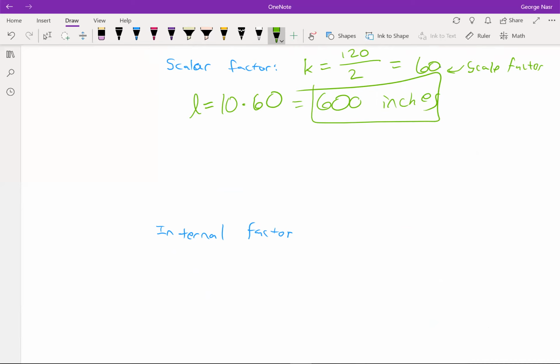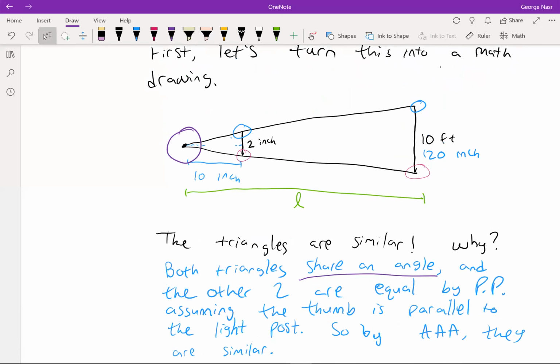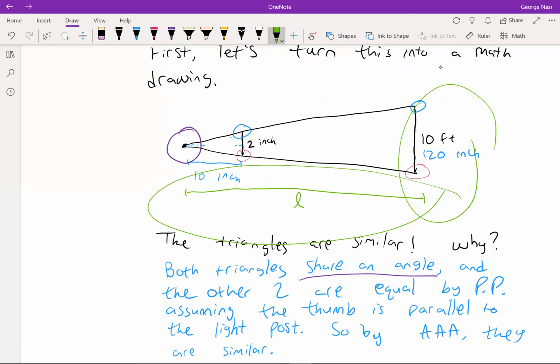But the point is that we're looking for the height of this longer triangle. So I need to know how this length compares to that length. If I need to say how L relates to this, I need to ask how 10 relates to 2. You see that careful process? If I want to know how this relates to this, I figure out how this relates to this.